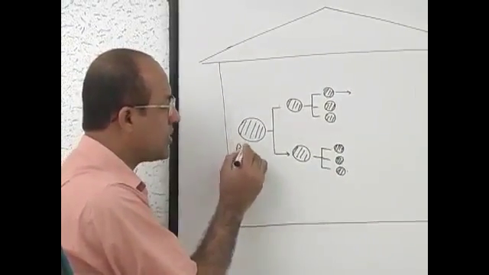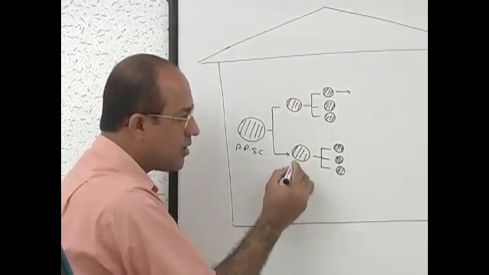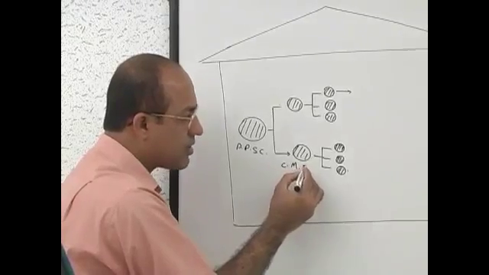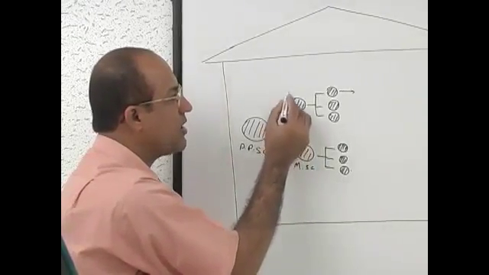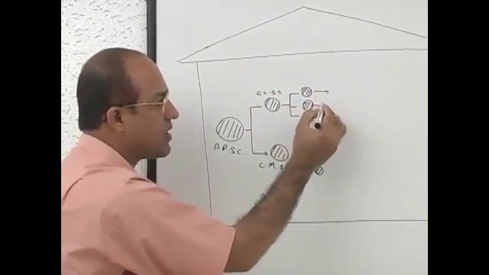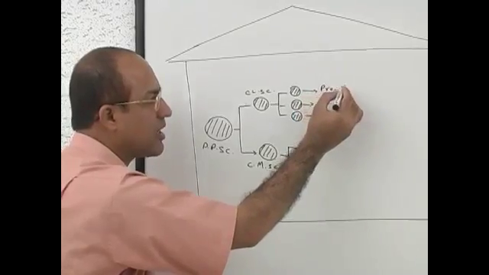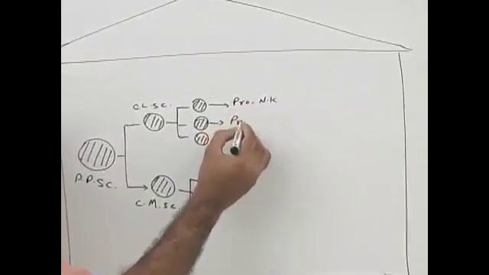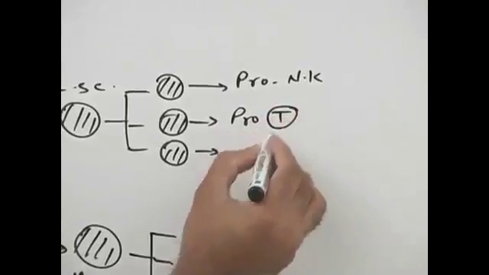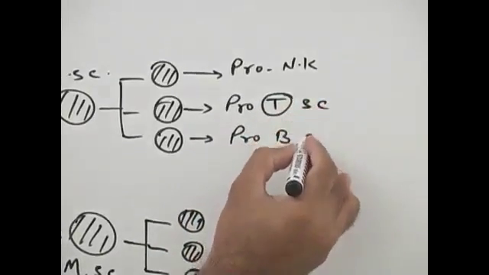This was the pluripotent stem cell. These two were multipotent. This was the common myeloid stem cell. This was your common lymphoid stem cell. This was the pro-natural killer, then there was the pro-T cell, and this was the pro-B cell, again stem cells.